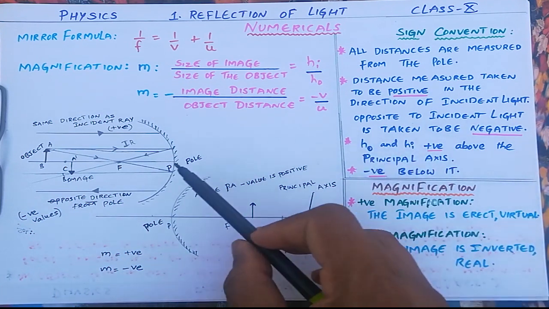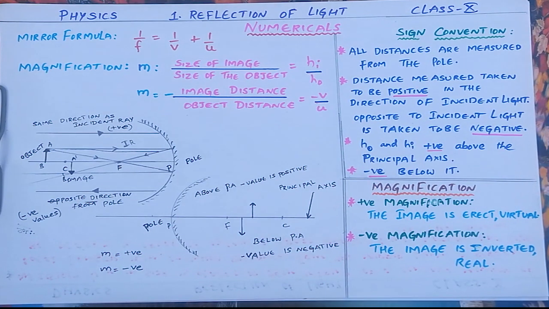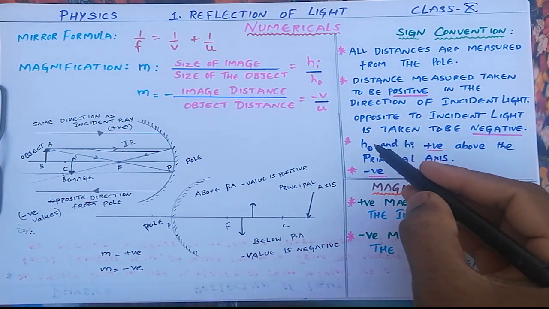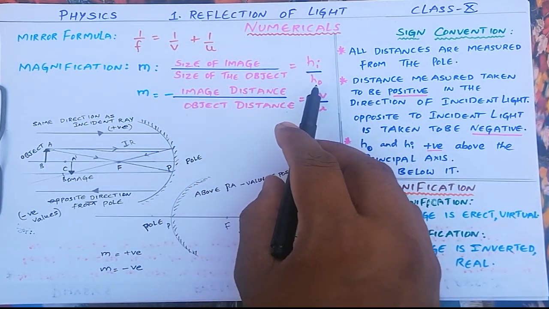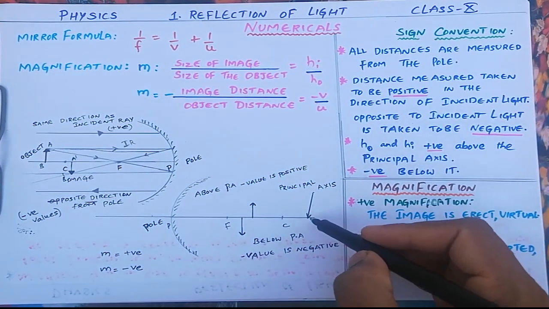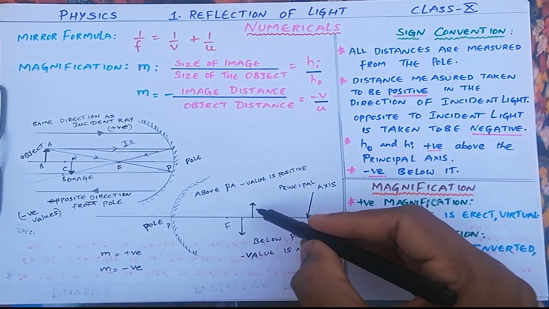Okay, and apart from this one, size of the image and size of the object. Size of the object is HO, height, and size of the image is HI. HO and HI are positive above the principal axis. So in this one, this is the principal axis, we know. This is the object.